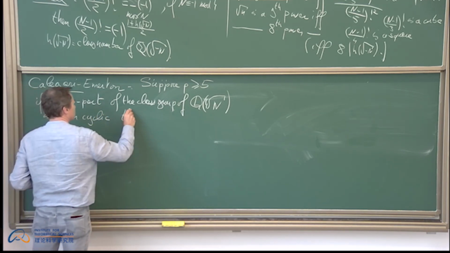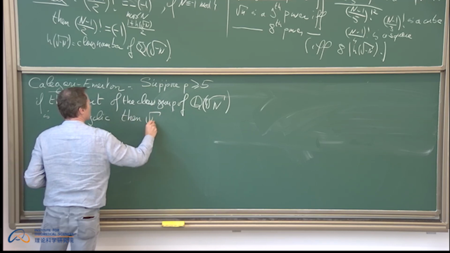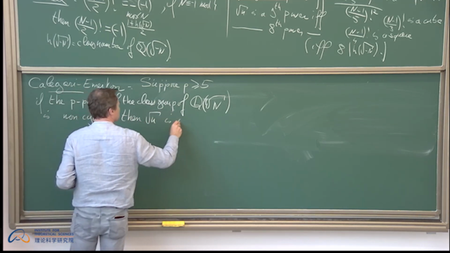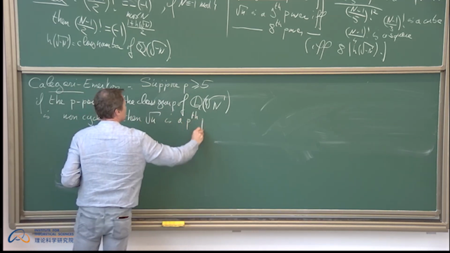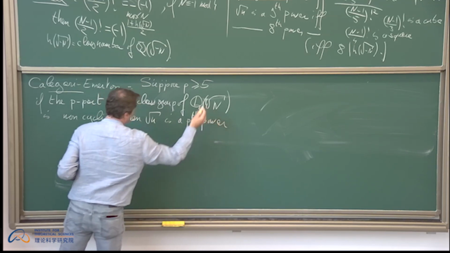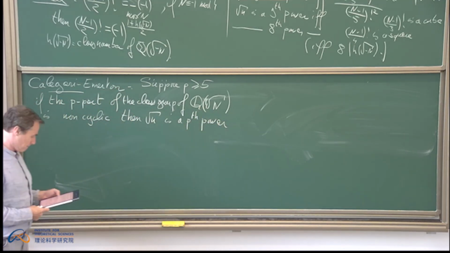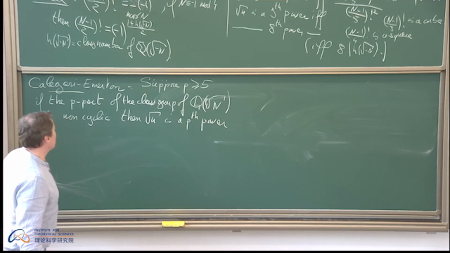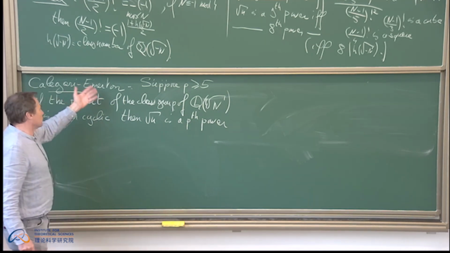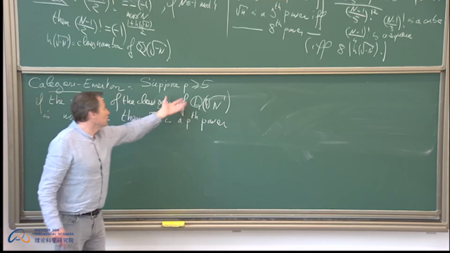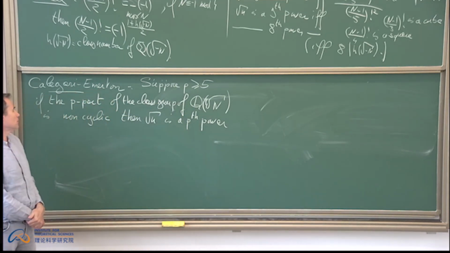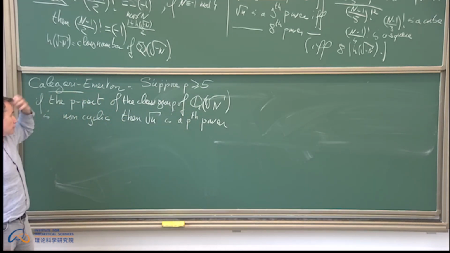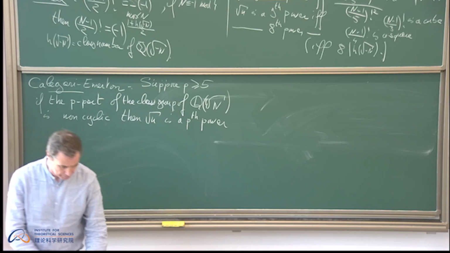Then the square root of u is a p-th power. This is not at all elementary. I mean, the notion of class group is something you learn in pre-graduate school, but the proof of this is quite important.